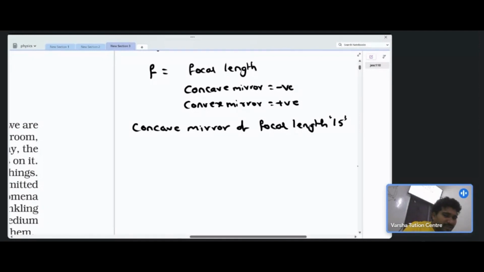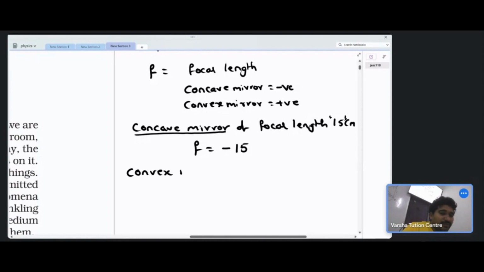So you will write focal length f is equal to how much? 15 you will put, but be very clear which mirror he mentioned. He mentioned a concave mirror, right? So it is not just 15, it is minus 15. You might have centimeters or something. Clear?